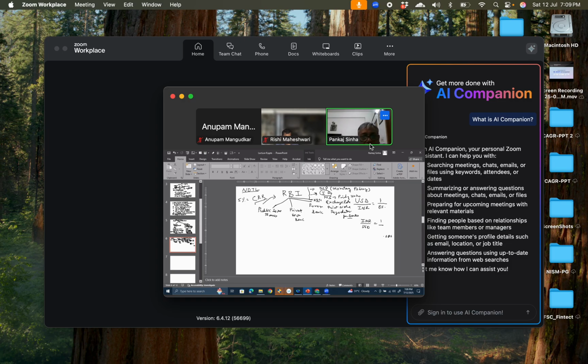So if you have deposits of 100 crore and net deposit time liability is 100 crores, you cannot lend out 100 crores. You will lend only 95 crores, okay, not 100 crores. So 5% will be reserved cash with the RBI.